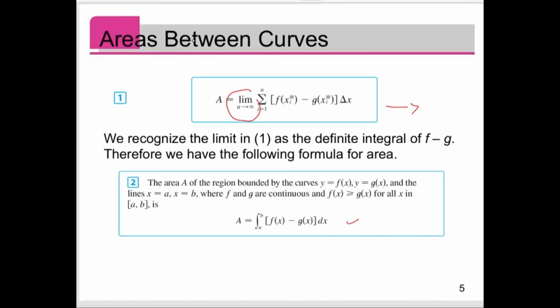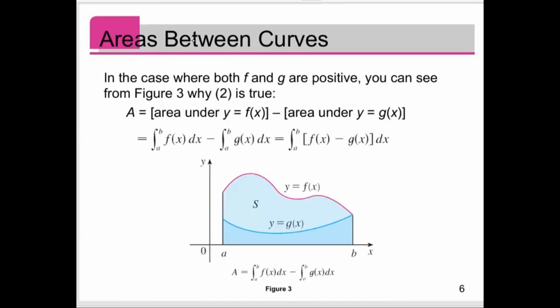Okay, in the case where both f and g are positive, the example that we used earlier is the more general one, where g(x) is a negative function. But now we have both f and g positive. You can see from this figure what we are actually calculating: the area bounded by f and g, still with f always greater than or equal to g.